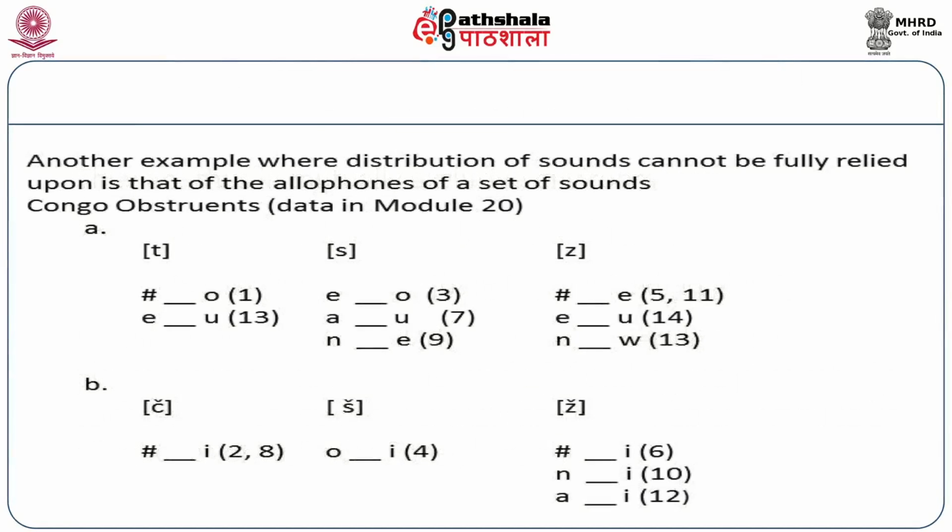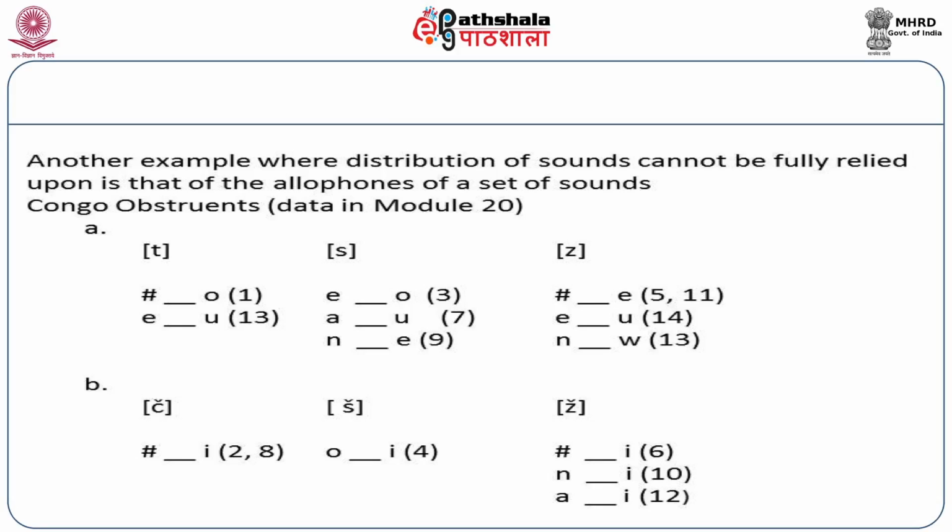Another example where the notion of distribution is problematic comes from allophones in languages. For example, we have looked at the Congo alternations of t, s, z, and ch, sh, and zh. When we look at the environments, we notice the following.